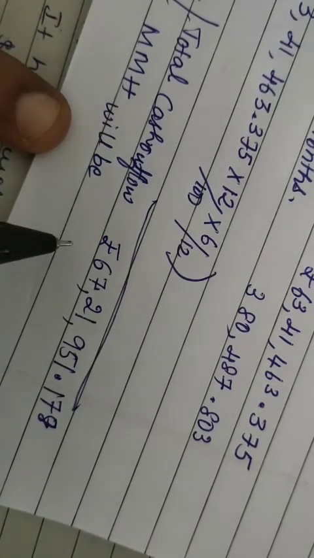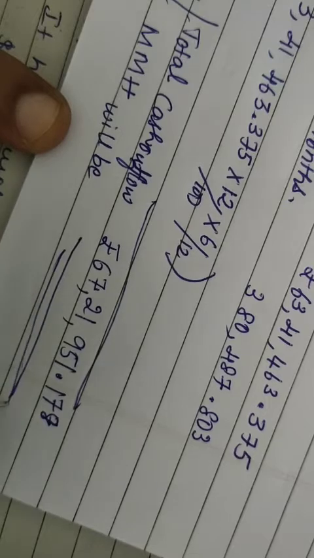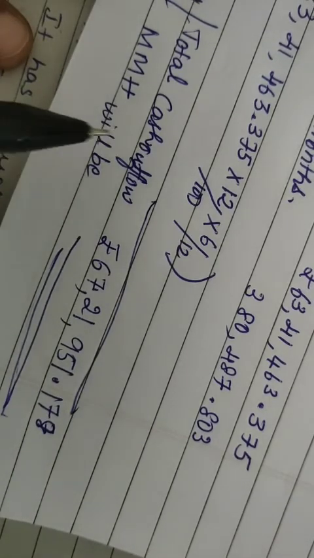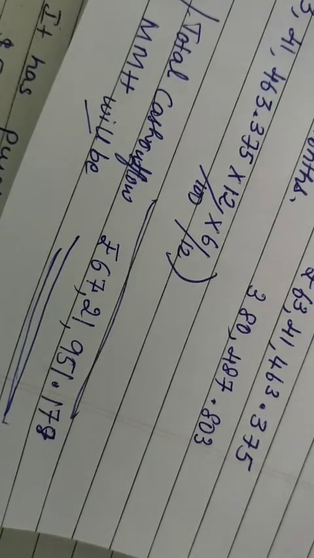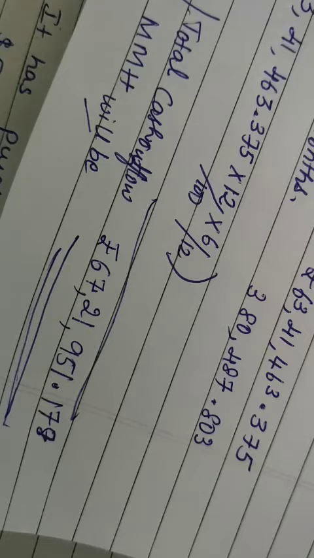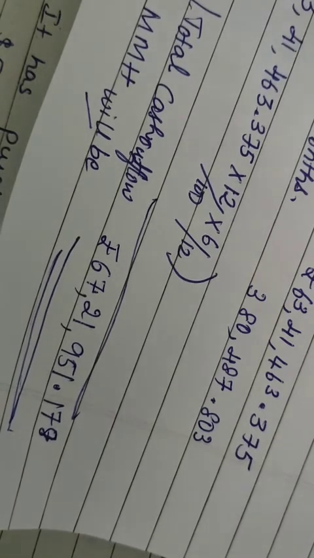So this is your total cash outflow, total liability under money market hedging. So this is here the value.